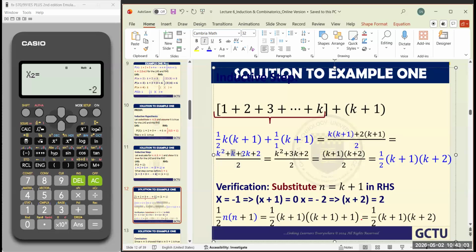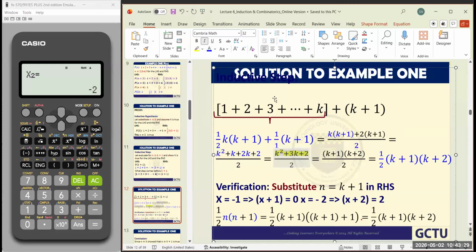Now, look at this, 2k and k. I group like terms. So when you add k to 2k, that gave me this 3k that I got here. So this numerator now will simplify to k squared plus 3k plus 2. So that is how I got this equation that I have here.